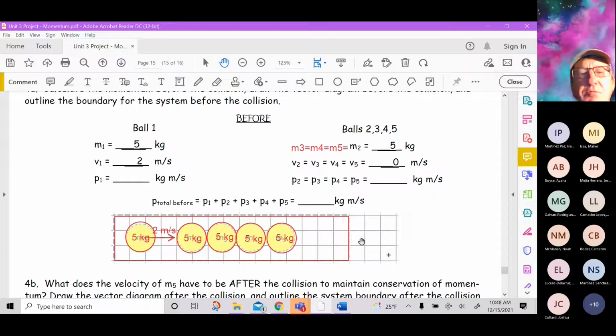Let's see, have I drawn 3 things? The mass is involved, the movement involved, and the boundary. Yes, I've done that. Have I labeled 3 things? I've labeled the masses, I've labeled the velocity. One thing missing that I still need to label is the total momentum. So that's going to be whatever you calculated right here. And again, you're going to repeat a bunch of numbers because so many times we're just adding 0 or multiplying by 0.